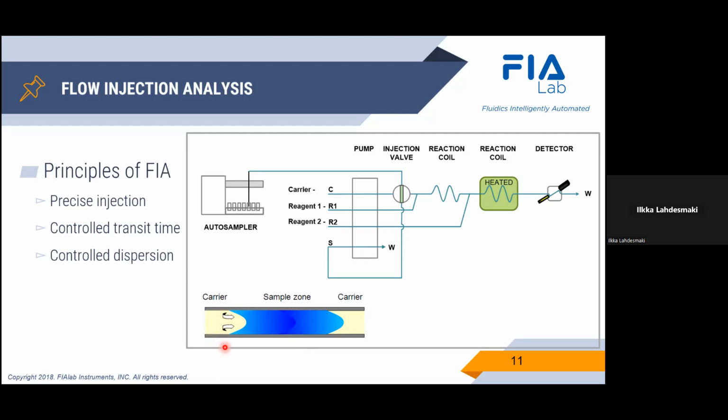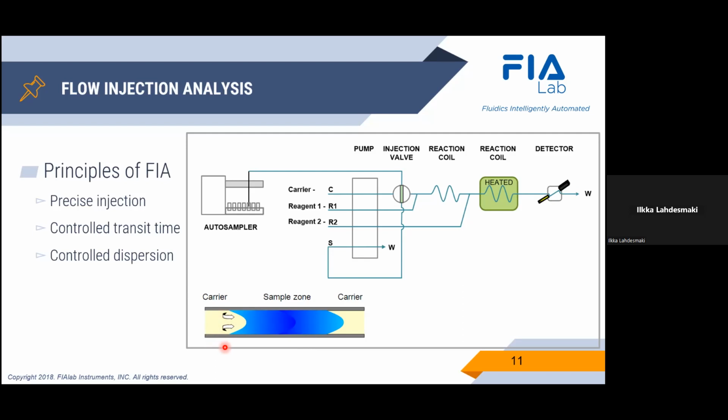As you can imagine, as the carrier keeps pushing the segment of sample inside the tubing, the sample is continuously getting diluted or smeared out into the carrier. And that way, the sample is getting progressively more diluted the further it gets into the instrument's manifold.